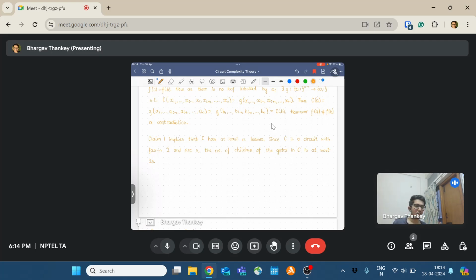So the number of children of the gates can be at most 2s, right? At most, because some of the gates might be NOT gates, they might have just one child.